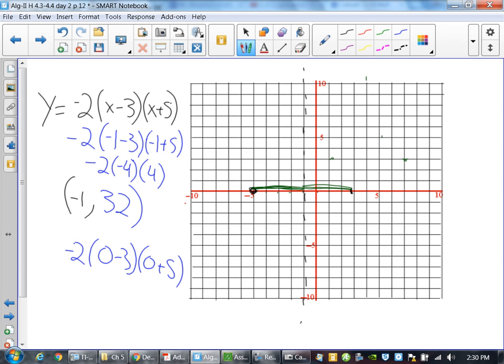So at 0, it's at 5, and at -2, it's also at 5. That's all I'm doing. Once I get the axis of symmetry and my vertex, I pick numbers to either side and just plot them. I'm plugging and chugging from the original equation. That's it.